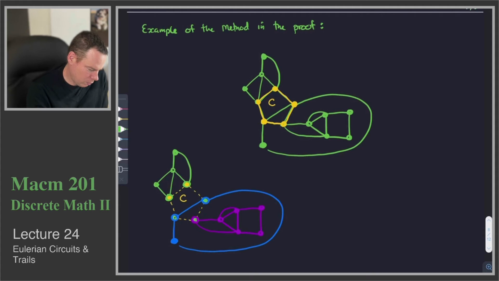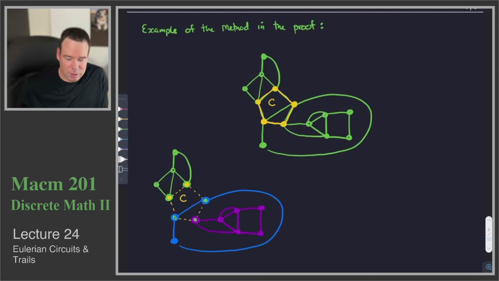So there we go. We've got the 3 components that we've split our graph into. We took our original graph, found a cycle on it, removed all the edges on the cycle, kept the vertices, but removed all the edges. That split the graph down into a bunch of components.